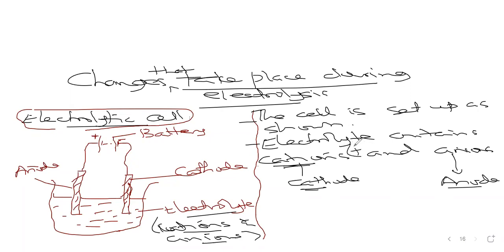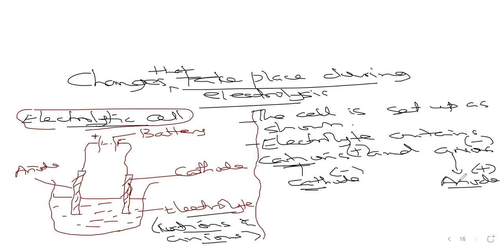Remember, cations are positively charged, anions are negatively charged. I don't want to say the cathode is negatively charged, I'm avoiding it. Even the anode, I don't want to say it's positively charged, because it confuses you. That's very true. In the electrolytic cell, the cathode is negatively charged and the anode is positively charged. But when we come to an electrochemical cell, we shall see that it's the opposite. The cathode is positively charged and the anode is negatively charged.